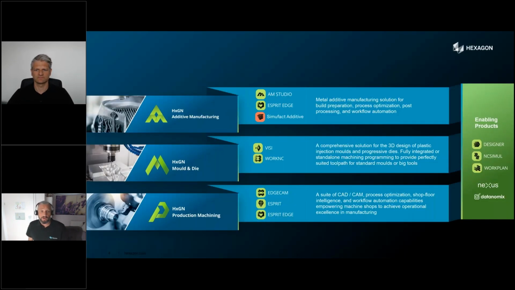So we have currently 3 suites in production software. The first one is the classical production machining with the CAD/CAM solutions. We have mold and die with VC and Work&See.